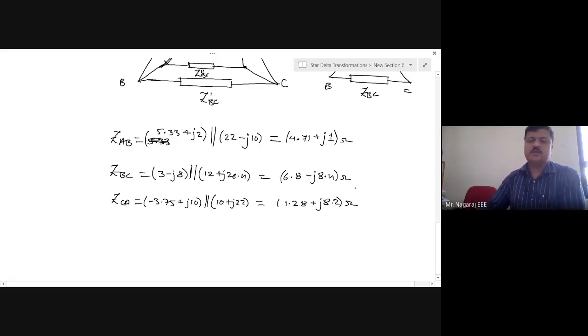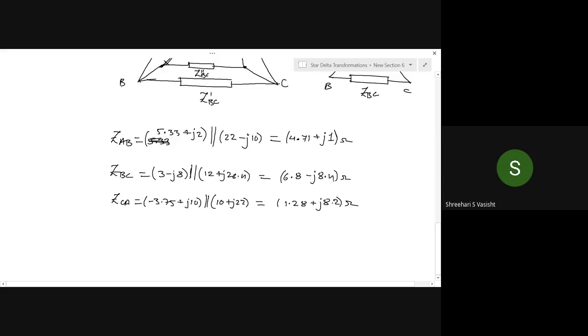Are these values correct? You are getting the same values? Yes, sir.